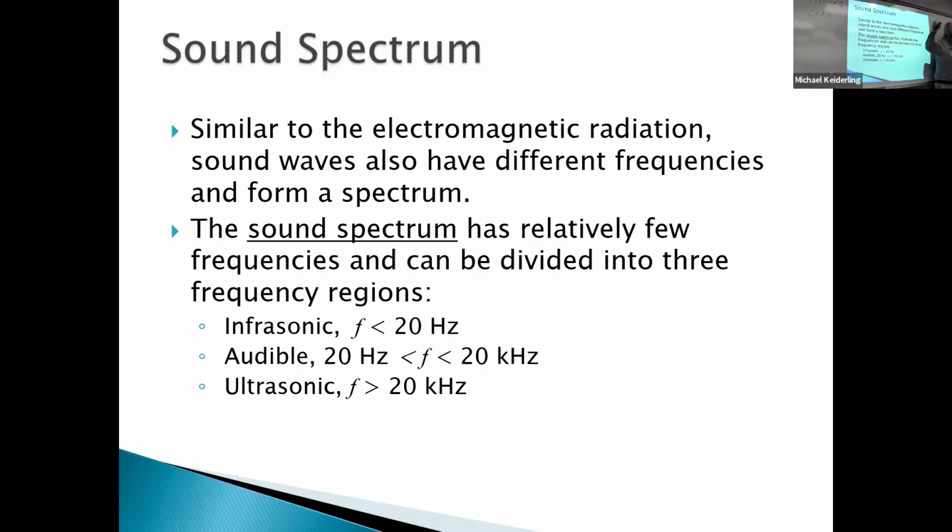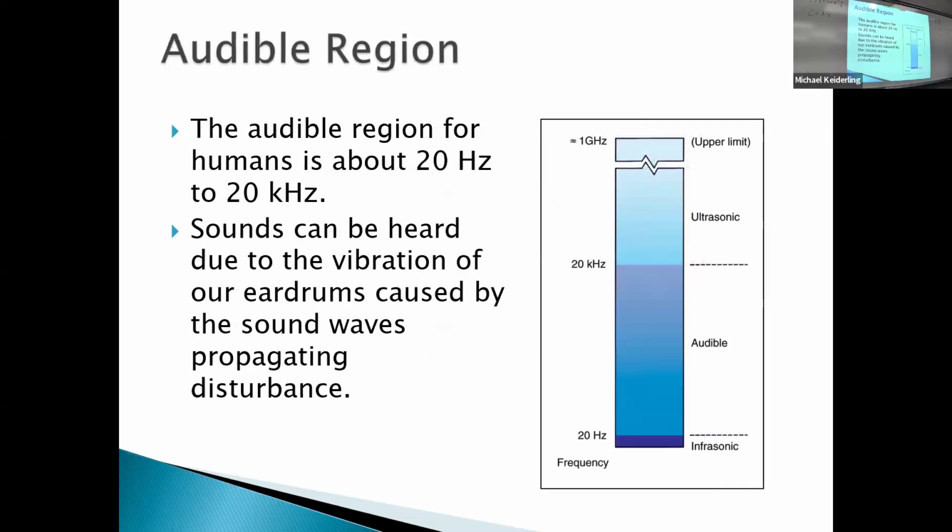And there's actually an upper limit to how high in frequency you can make a sound wave go, because you start hitting issues with air not transmitting right. So the upper limit is around a gigahertz, where stuff starts to fail.